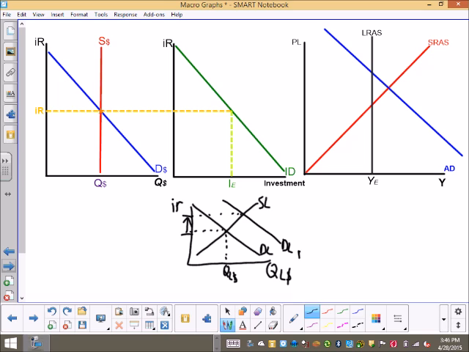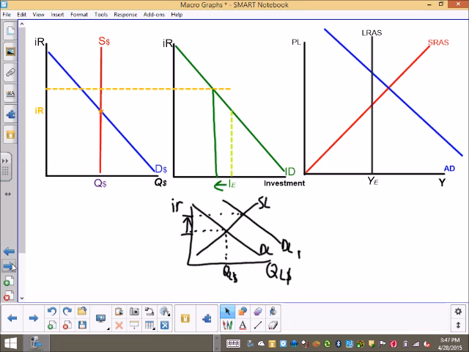So this higher interest rate does what to the amount of investment in the economy? It's going to move this line up, causing what to happen to our equilibrium quantity? There'd be less investment, and what does less investment do? Decreases demand. It would decrease demand, putting us right back to where we were.